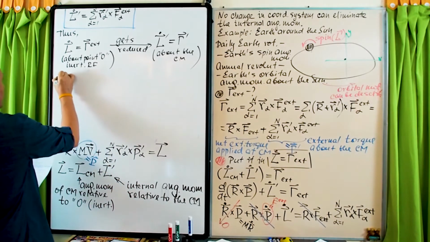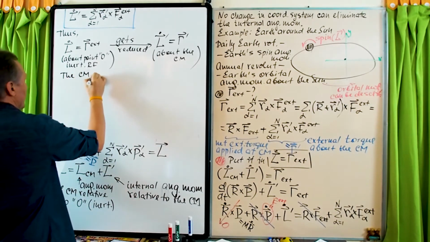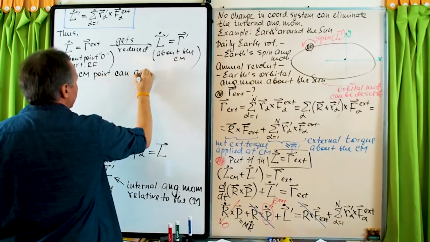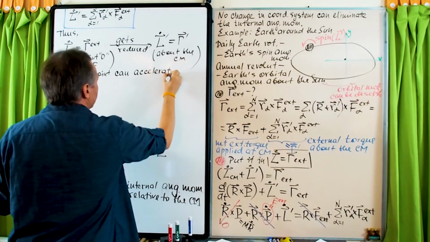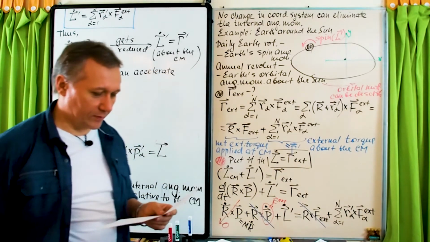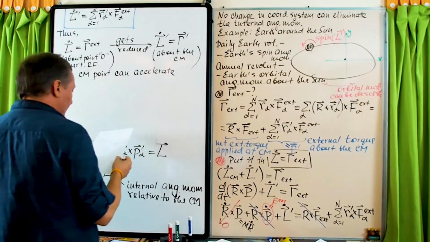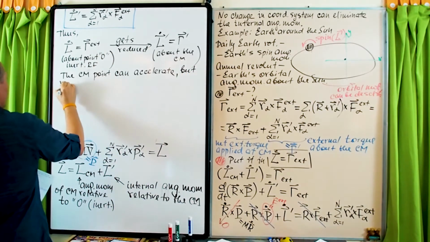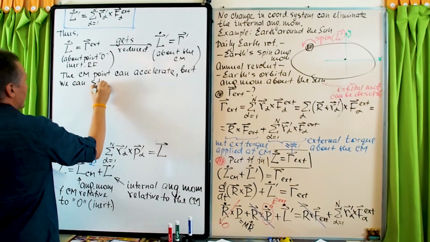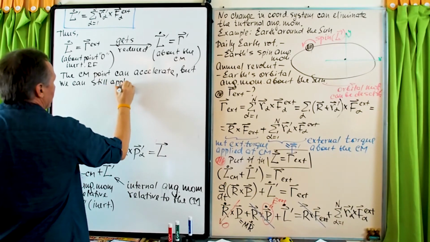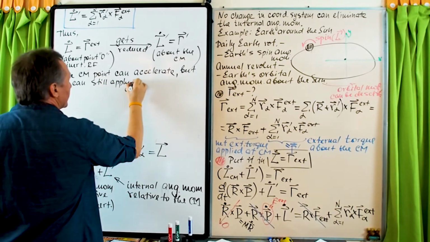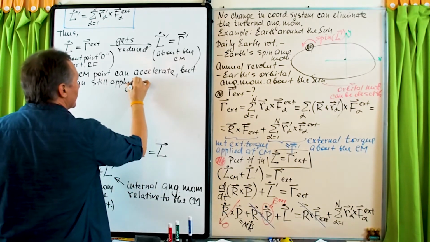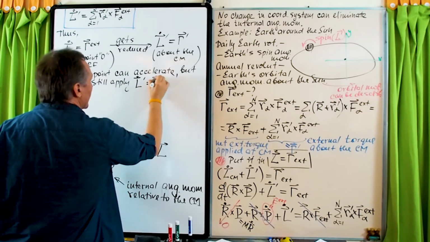Okay, so now I can write this. The center of mass point can accelerate, like in the case of the ball moving, but we can still apply this equation: L prime dot equals gamma prime.